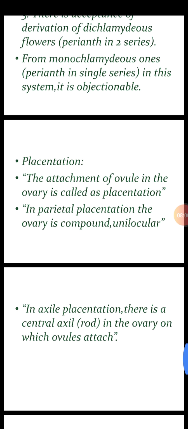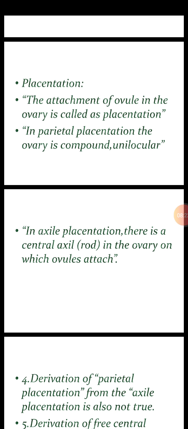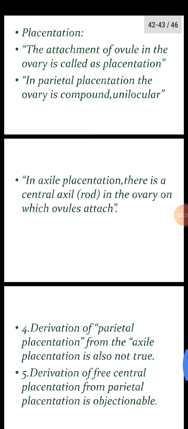There is a new term, placentation. Its definition is the attachment of ovules in the ovary is called placentation, and this arrangement may be different. Number 1, parietal placentation, in which the ovary is large, compound and unilocular, having one chamber. Second is axile placentation. Axile is from axis, in which there is a central axis in the ovary on which ovules attach.